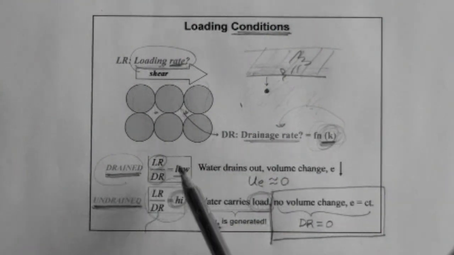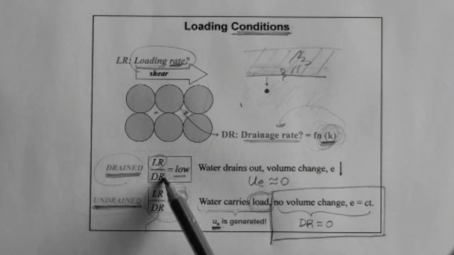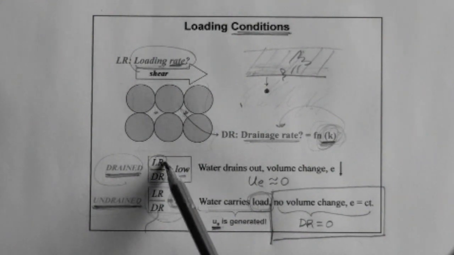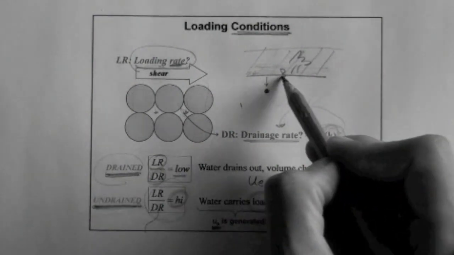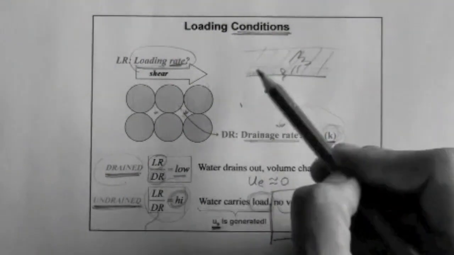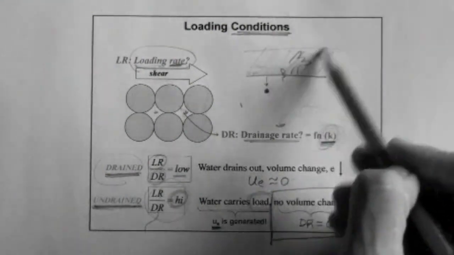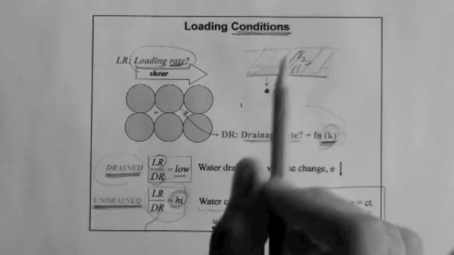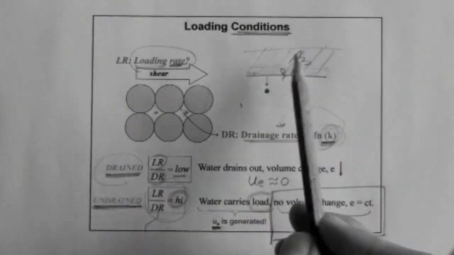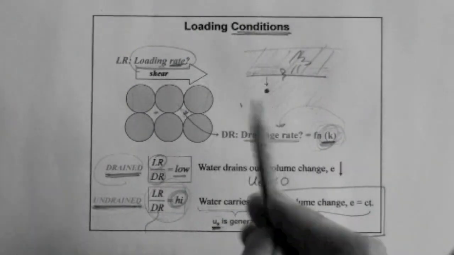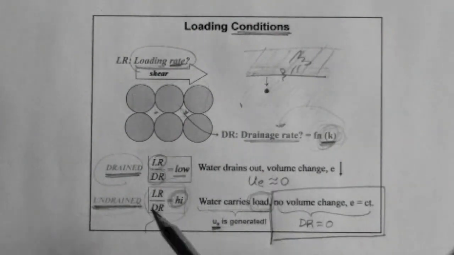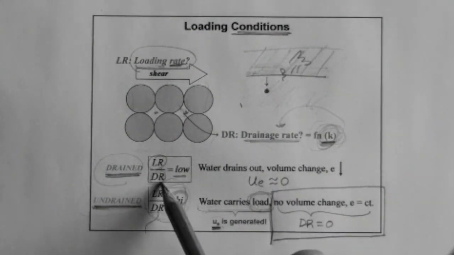Now we have to compare that to how fast we drop the water table, for example, or another example in our class is to place a fill above the site, right? We have to examine how fast we do those things, which are the construction operations, versus the drainage rate.